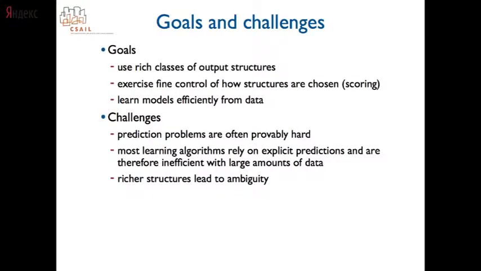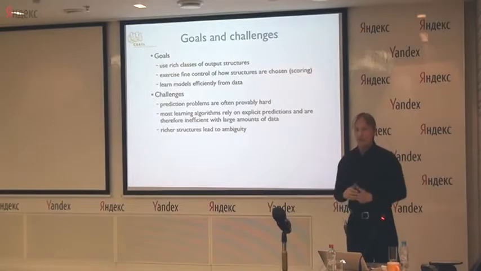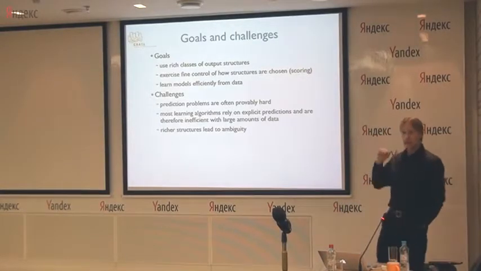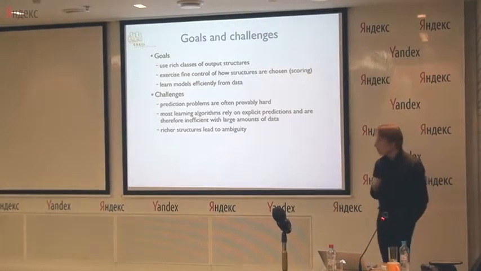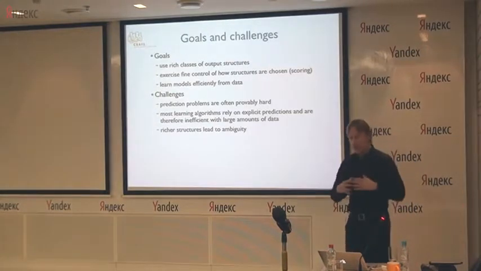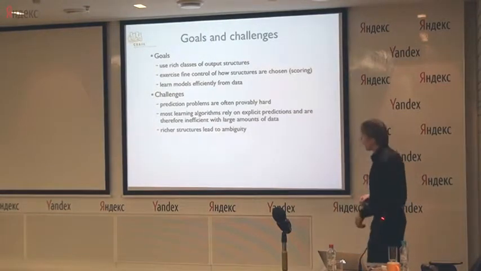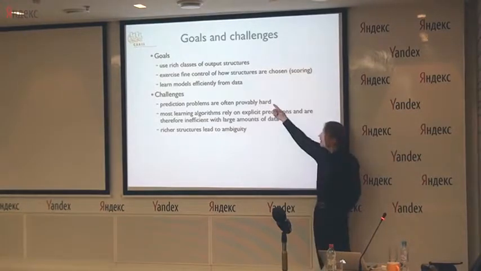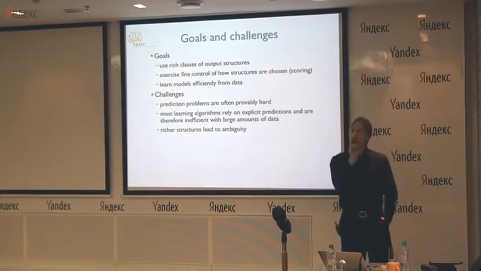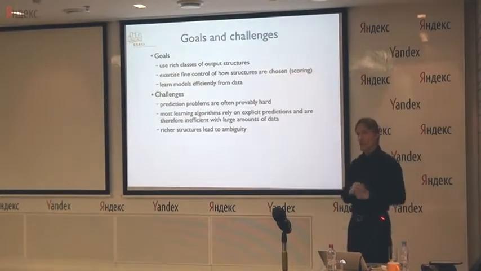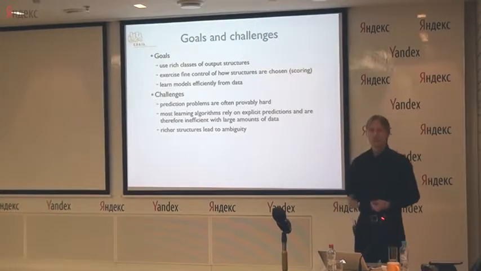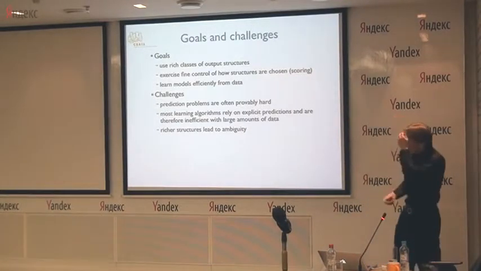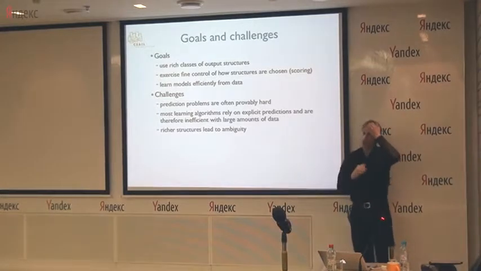And so here are the goals that I just mentioned, but these goals bring a lot of challenges with them, and it is those challenges that I would like to focus on today. So for example, considering richer structures often has the consequence that the combinatorial problem that you have to solve in order to just derive the prediction for any particular input can be provably hard. All right? So there's no polynomial time algorithm that's likely to solve that problem.